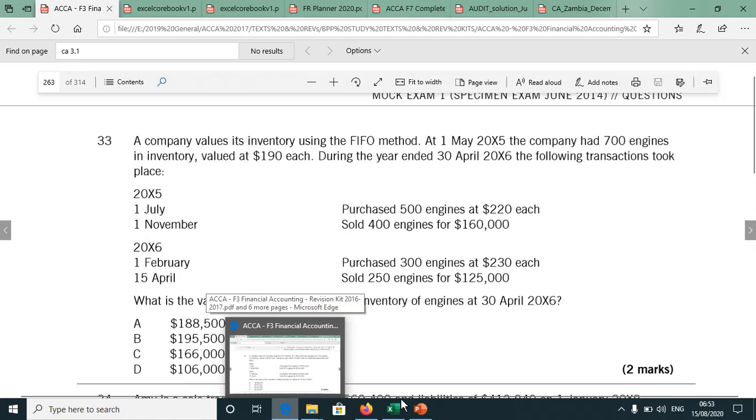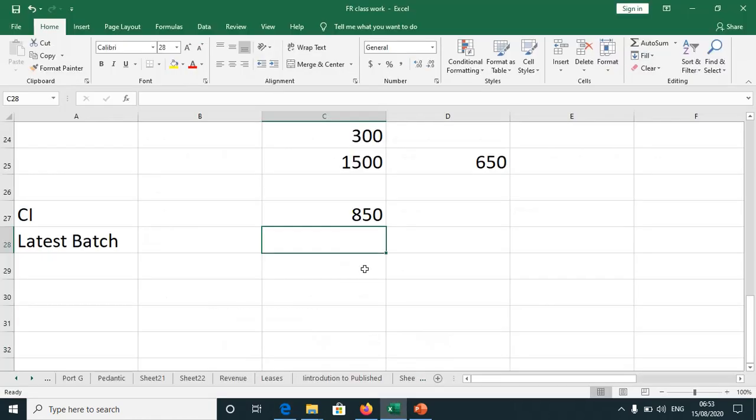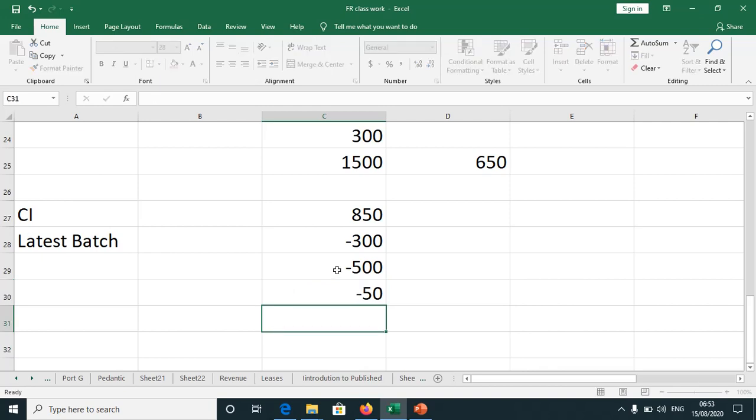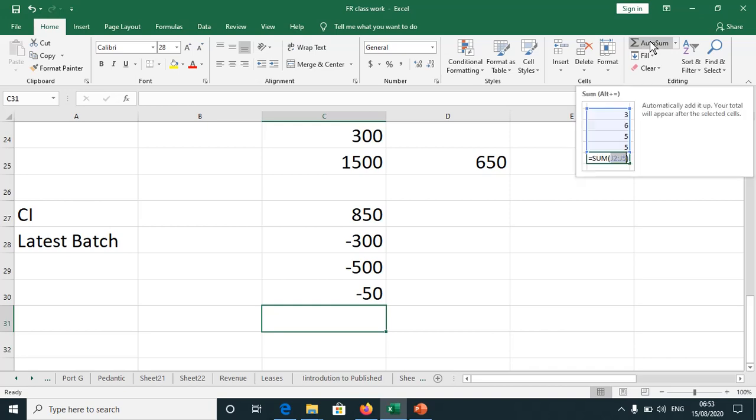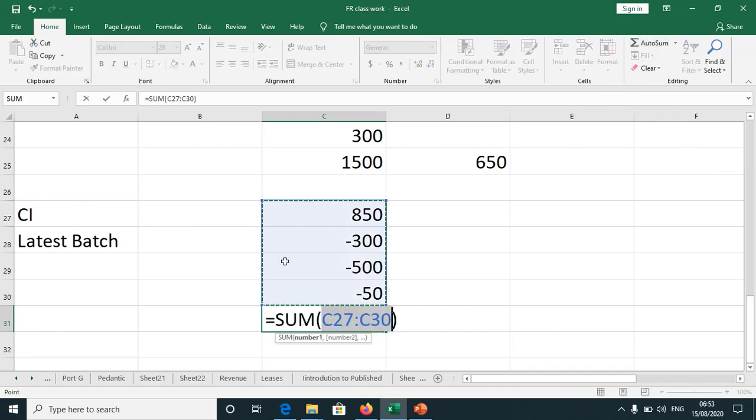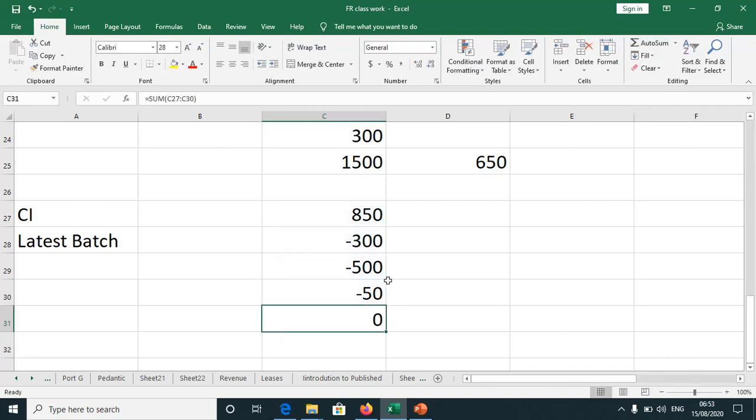So we follow that route because we are doing first in, first out. So I say 300, I remove that, and then I remove 500. Now I remain with 50. The idea here is to make the total difference between all these figures new, so that you can do the correct valuation of your stock.